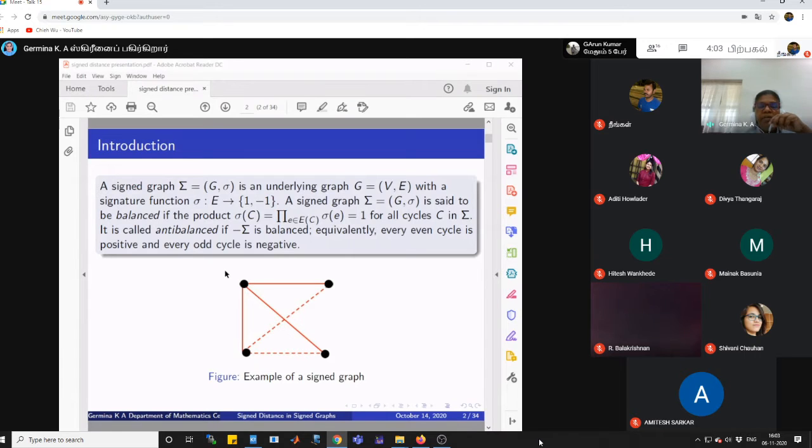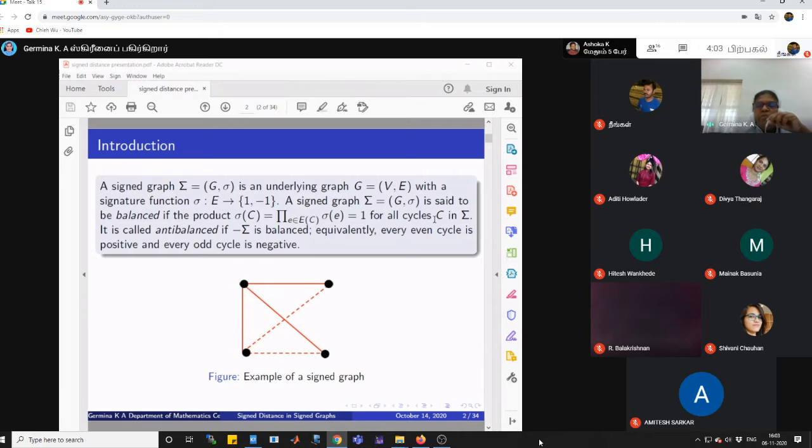Usually another way of representing a signed graph is: if it is a +1 weighted edge, we denote it by the usual edge, otherwise dotted lines. Here in this example, this one is a positive edge and this dotted line represents a negative edge. Or in other words, here you can assume +1 and here you can assume -1.